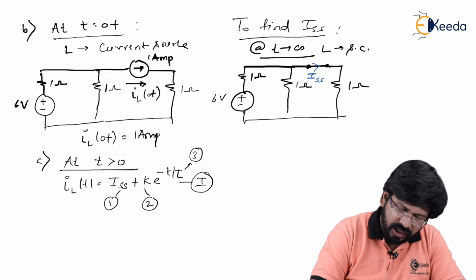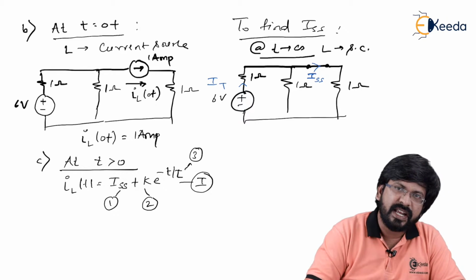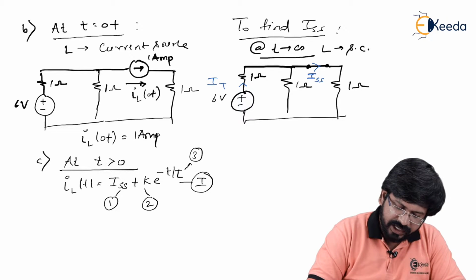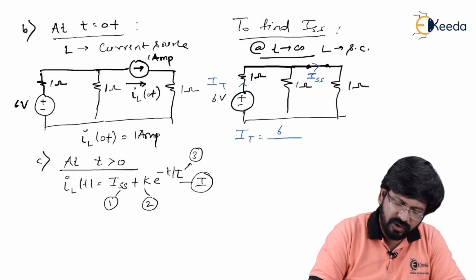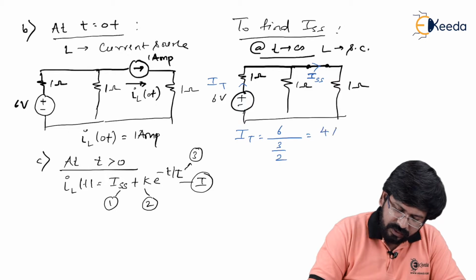For example, if I calculate IT, how to get IT? IT is simply total voltage 6 divided by total resistance in this case, which is 3 by 2, which comes out to be 4 ampere.